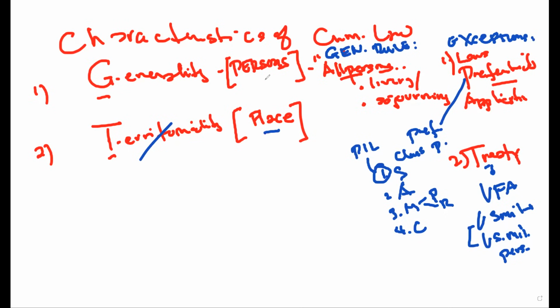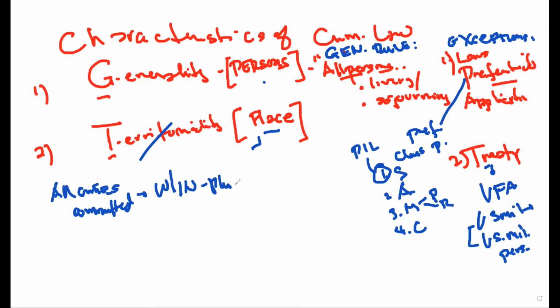So, pag generality, all persons, sabi natin dito, all crimes committed within the Philippine territory, then we have jurisdiction to try the case. Philippines has jurisdiction to try the case.